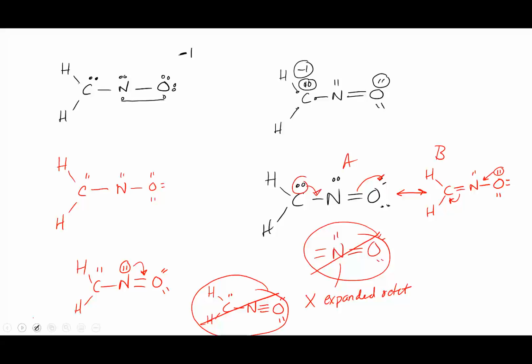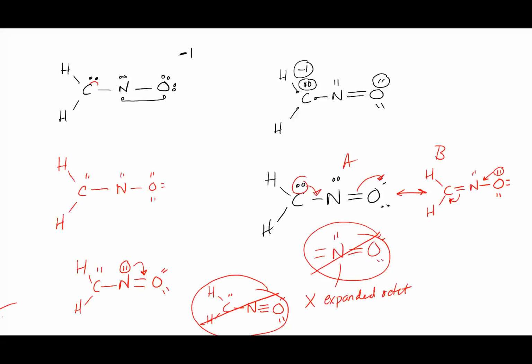So somebody had asked yesterday about the sulfur. They gave you 6 resonance structures for the SO4 2- anion.